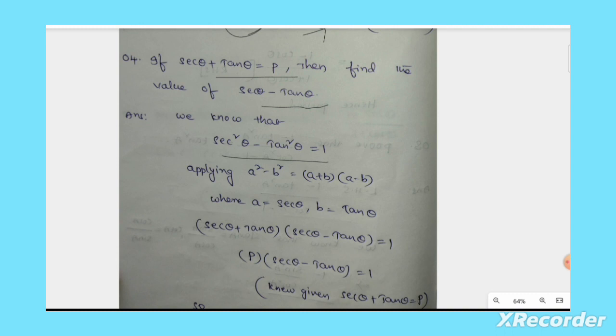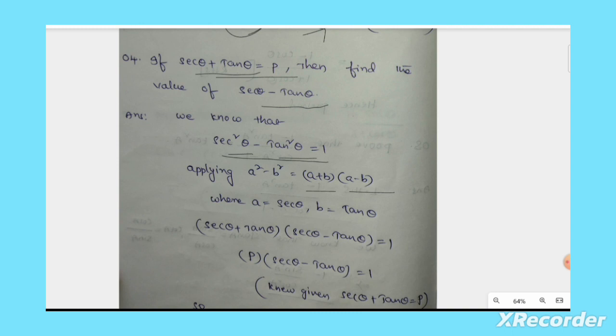So in this solution, I will take a as secant theta and b as tan theta. In place of a, I'll write secant theta, and in place of b, I'll write tan theta.